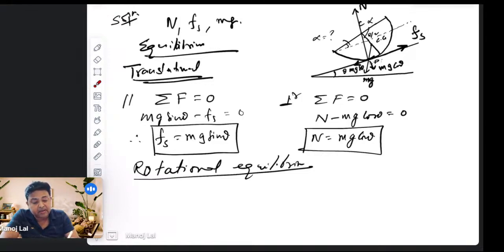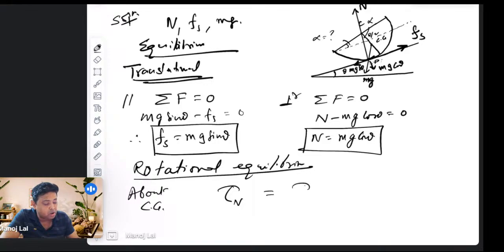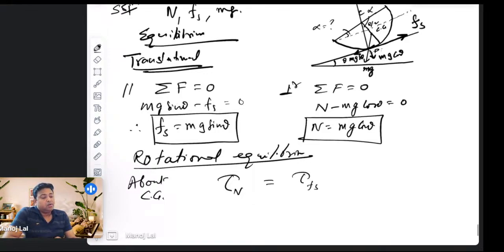So for net torque to be zero, the torque of the normal reaction about CG must be equal to the torque of friction about CG. This torque is clockwise and this is anti-clockwise, so they must be equal and opposite; basically the net torque is zero.